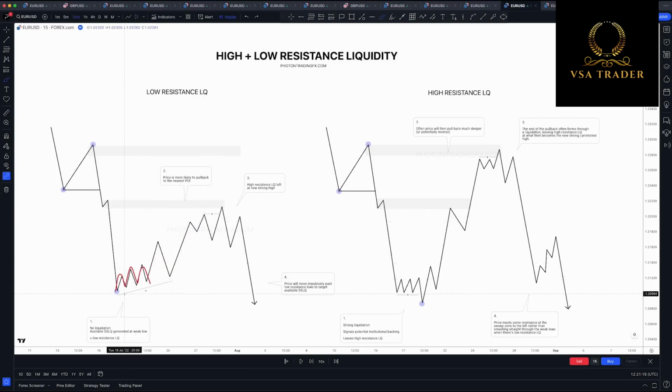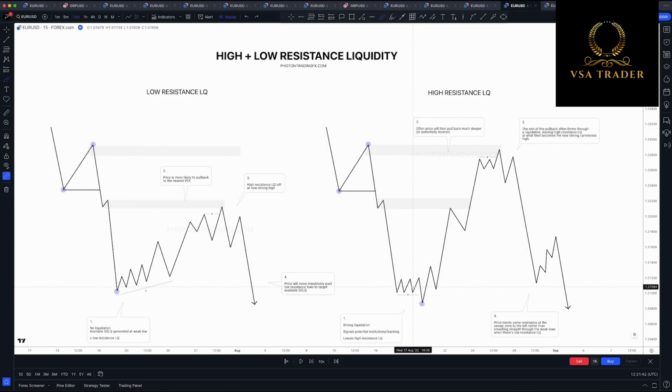So usually when you see a low form like this, price won't pull back that deep and it will come into a less well-priced zone. And then if you get a strong liquidation around this POI, you can trade it with more confidence, even though there's cause for higher prices, because we now have that resting liquidity to target to the downside, right? That low resistance liquidity.